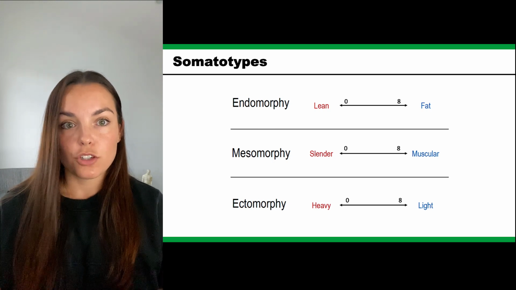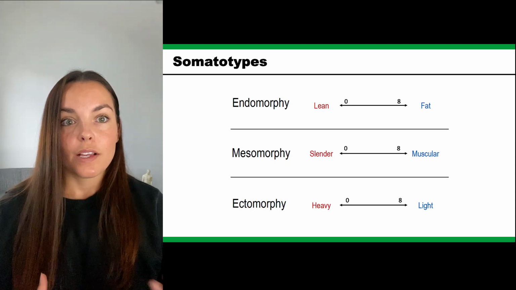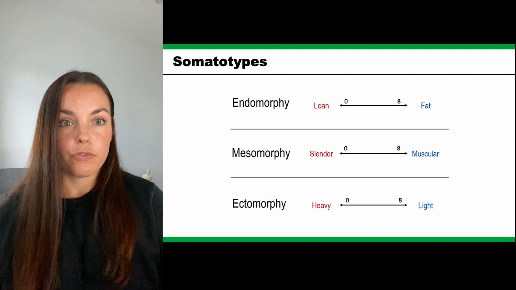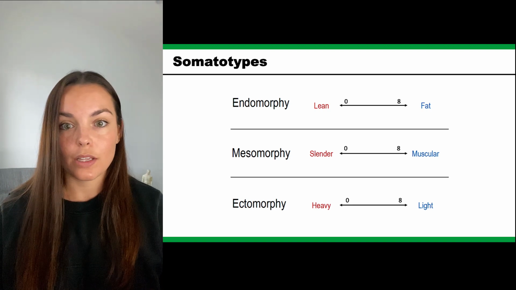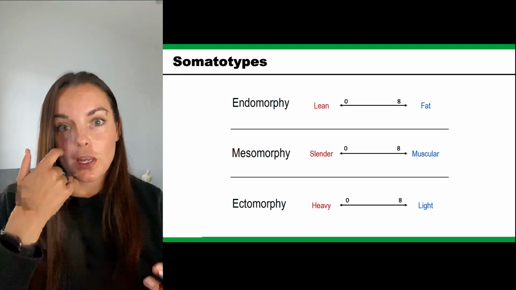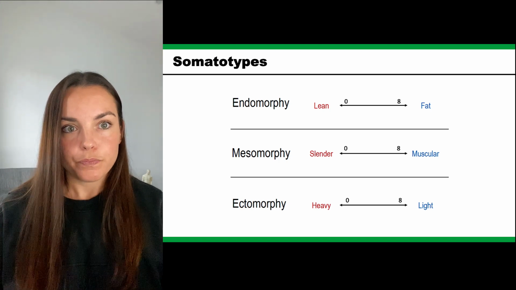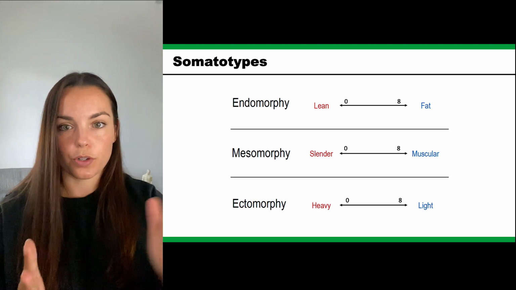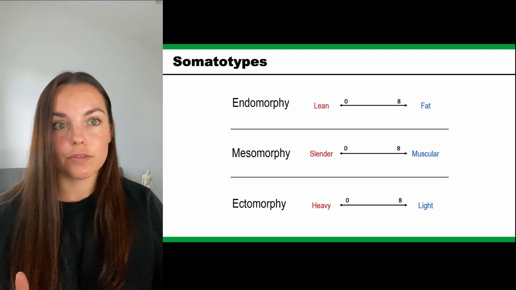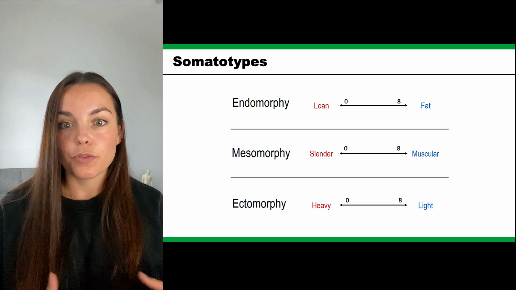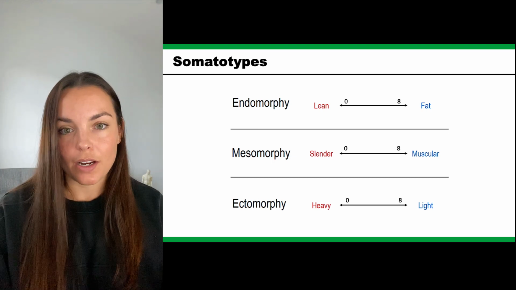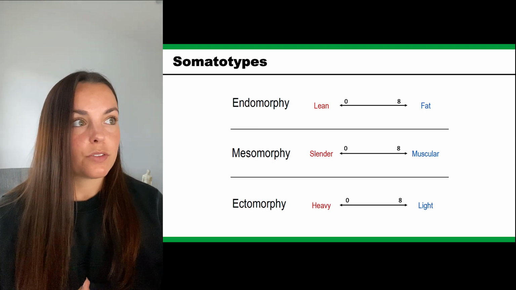For endomorphy, for example, that's a measure of leanness or fatness. When we do the calculations, you get a number from 0 to 8, and that number works on a sliding scale of leanness to fatness as you get to the higher end. So we'll figure out from some dummy data a number for each of these three variables.